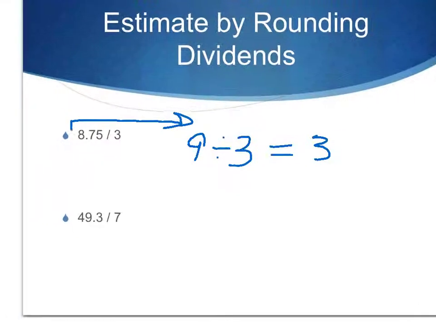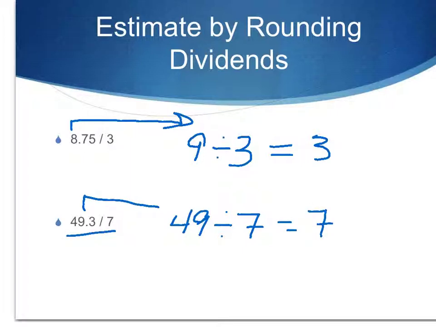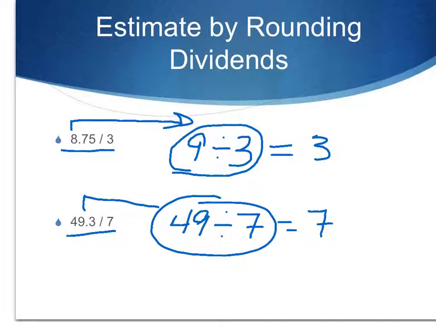So I will round 49.3 to 49 and divide that, and keep the second number 7 the same. And 49 divided by 7 is 7. So I take numbers that are not compatible in the two examples and turn them into numbers that are compatible, so I can generate quotients that are easy to do in my head.